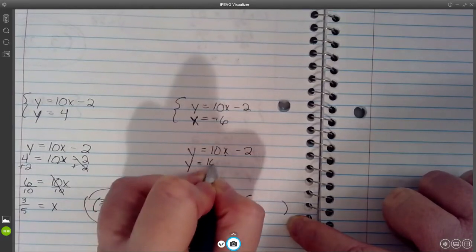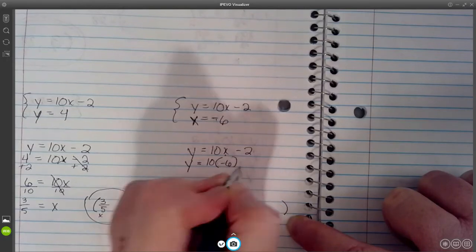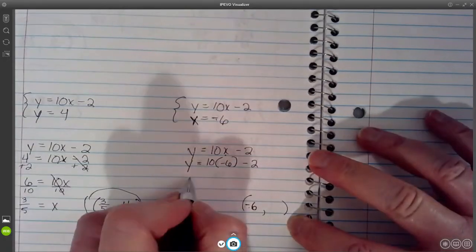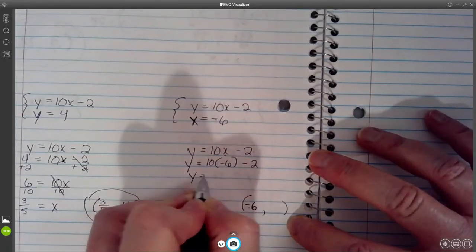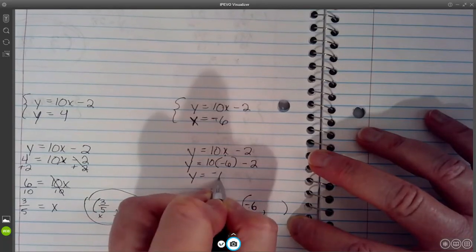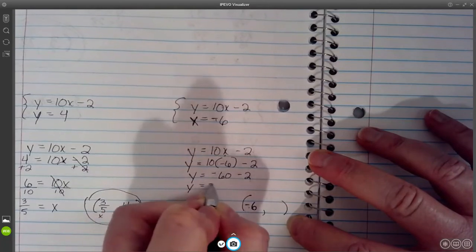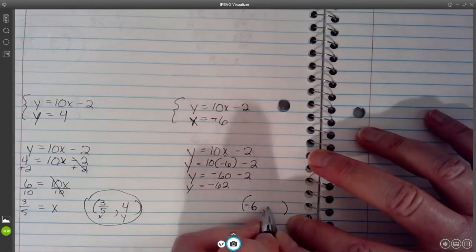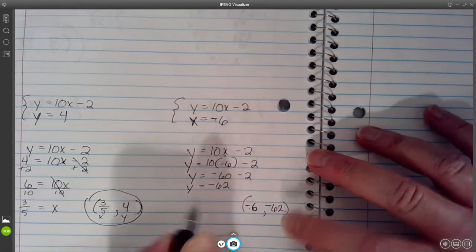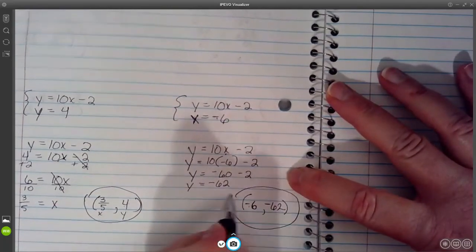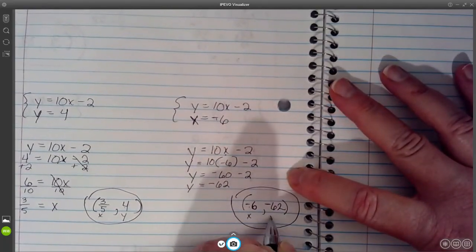So y equals 10 times negative 6 minus 2. Y equals 10 times negative 6, which is negative 60, minus 2. Y equals negative 62. I put negative 62 in the place of y, and that is my one answer. Again, I have one x and one y.